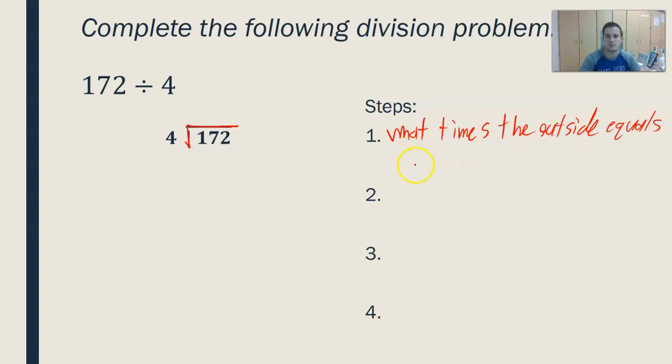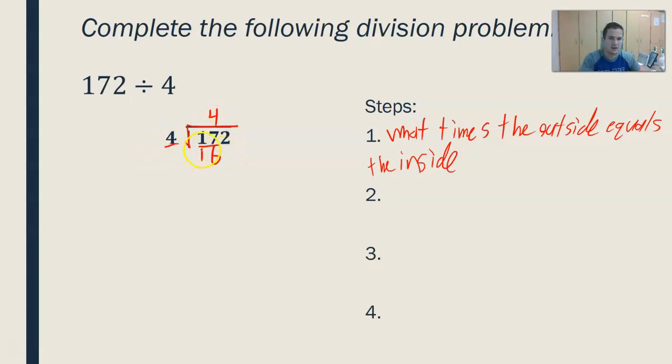So let's see. How many times does 4 go into 1? Well, 4 doesn't go into 1. So I'm going to ask myself, how many times does 4 go into 17? Or what times 4 is going to give me a number under 17? Well, 4 times 4 is 16, so that works.